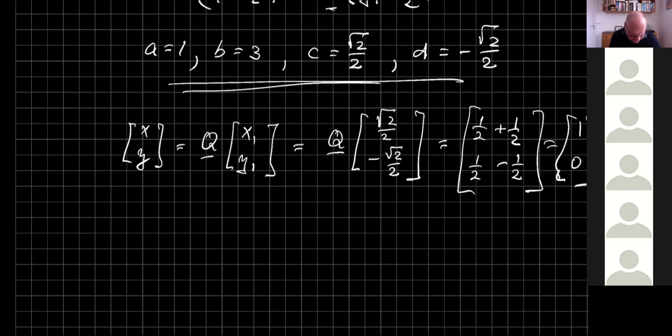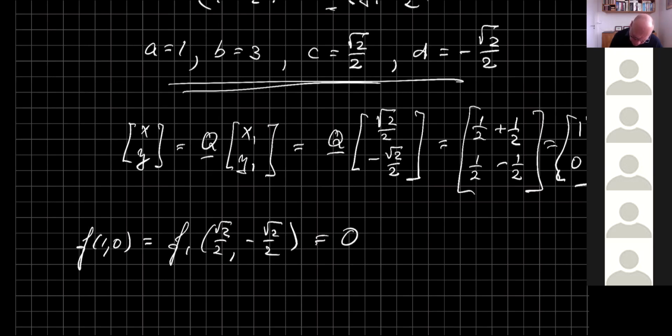Now, if you look at it, you have that f of 1, 0, if you compute this, is equal to f1 of square root half, minus square root half, and you know this is 0.